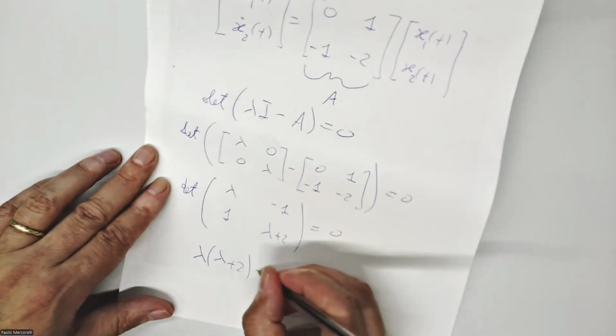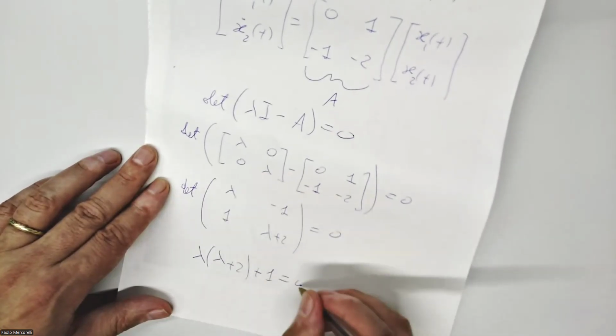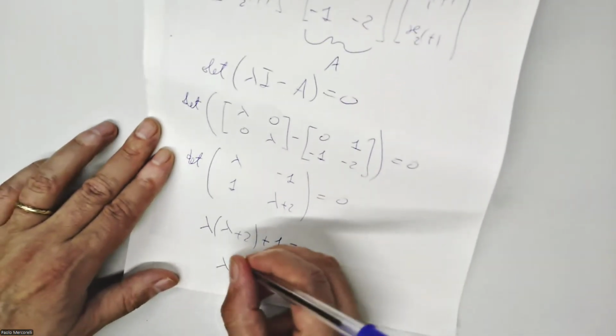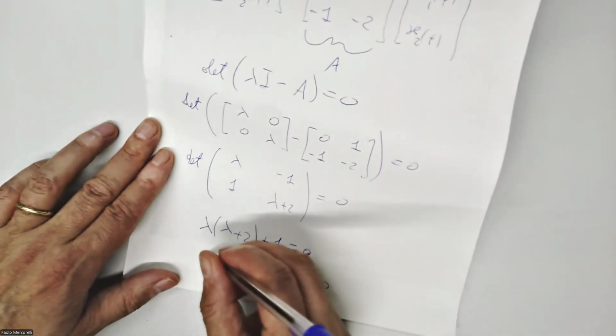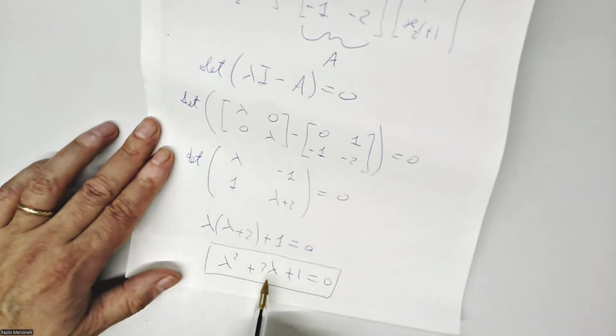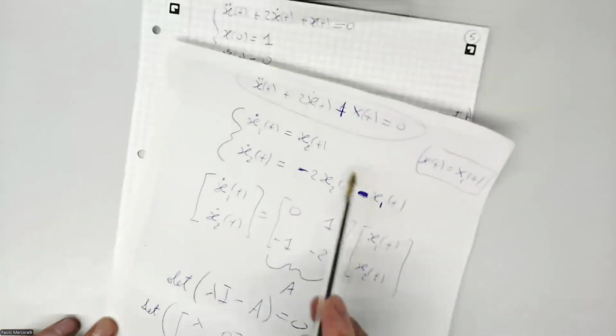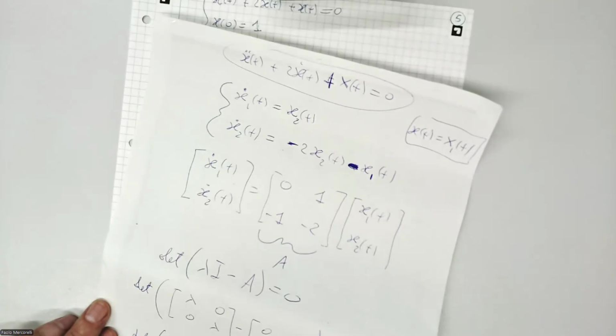This multiplied this plus 1, because it's this minus this multiplied this, which equals lambda squared plus 2 lambda plus 1 equals 0.